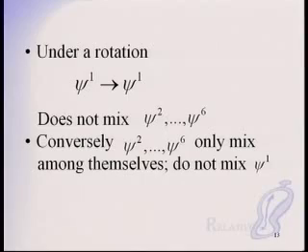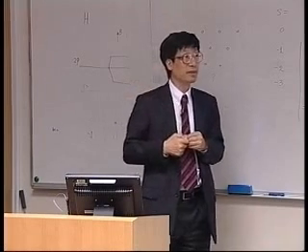So under a rotation, you know psi 1 goes into psi 1, does not mix with 2 to 6. And conversely, the 2 to 6 only mix among themselves, do not mix with psi 1. So I want now to prove the second statement.